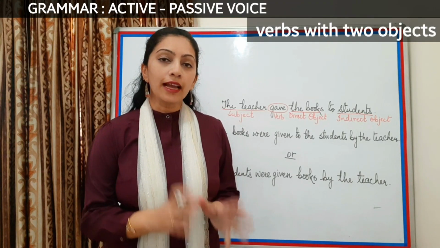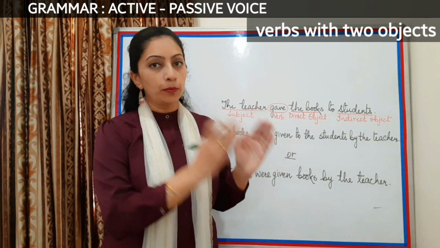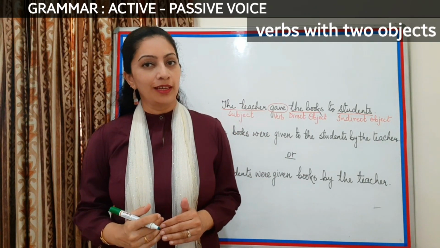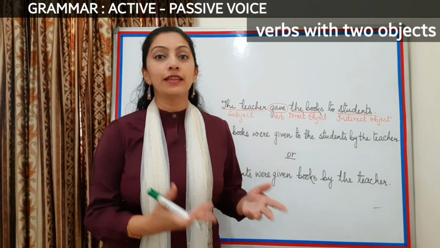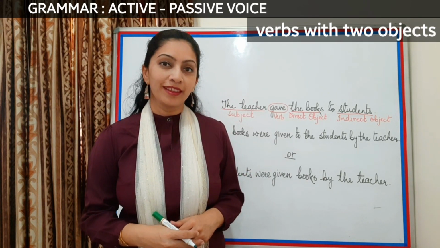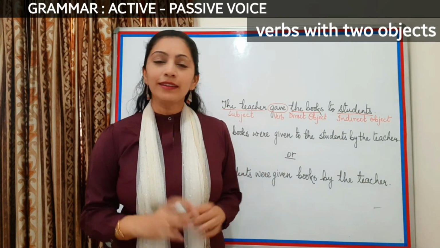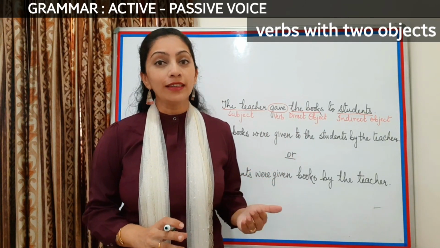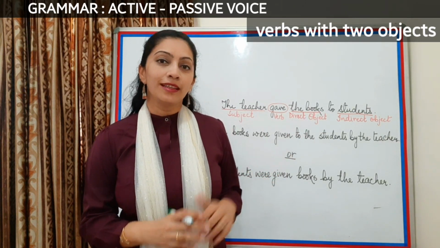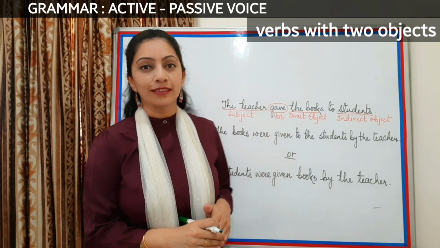While changing active into passive, we know that object becomes the subject. But what if a sentence has got two objects, a direct object and an indirect object both? Then what do we do? Well, it doesn't matter. Whichever object you take as subject, it really doesn't matter. But let's see how to change such a sentence.